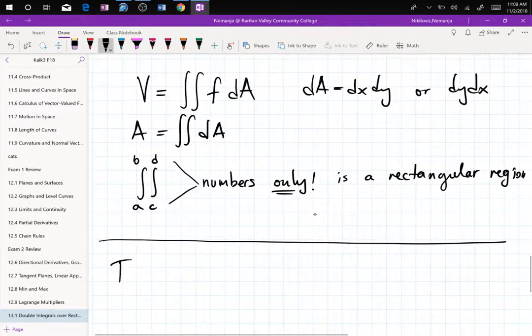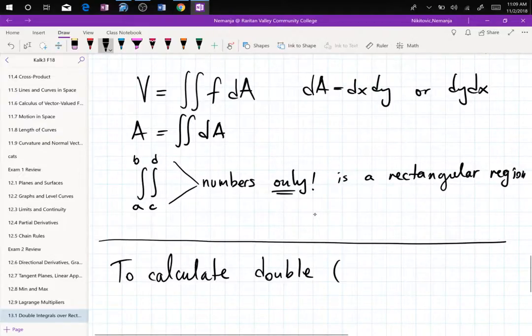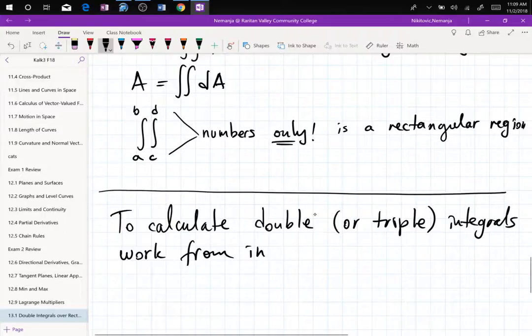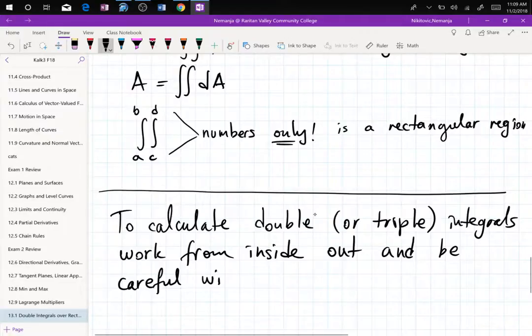To calculate double, and I'll put here or triple integrals, work from inside out, and be careful with variables.